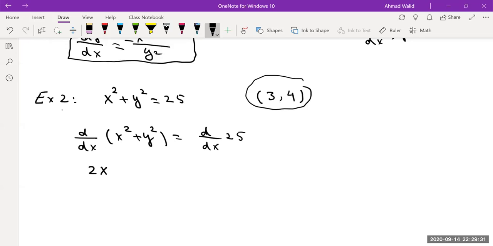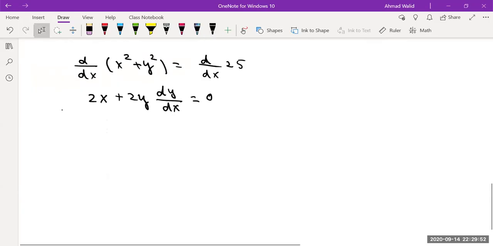I just skipped one step. Is that okay? It should be okay, right? d dx of y squared gives you 2y, but I have to keep what? dy dx. Equals d dx of 25, which is 0. The derivative of a constant is 0.